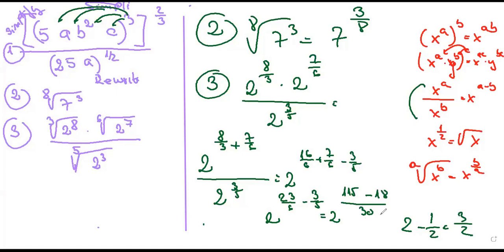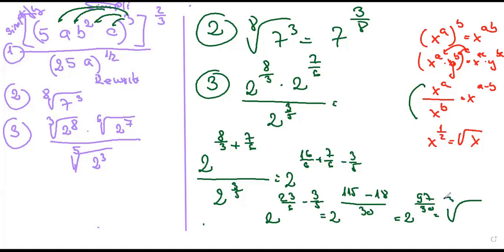So that is 97 over 30. 2 to the power of 97 over 30, or the 30th root of 2 to the power of 97.